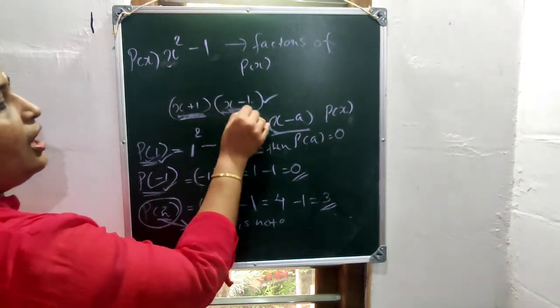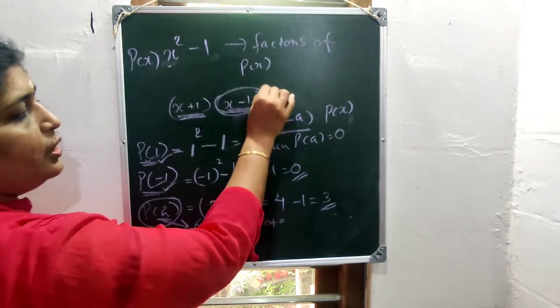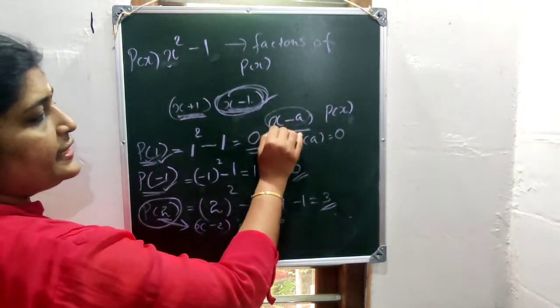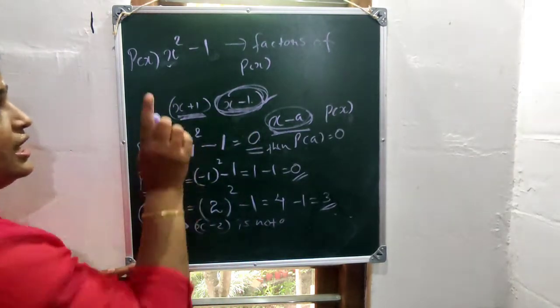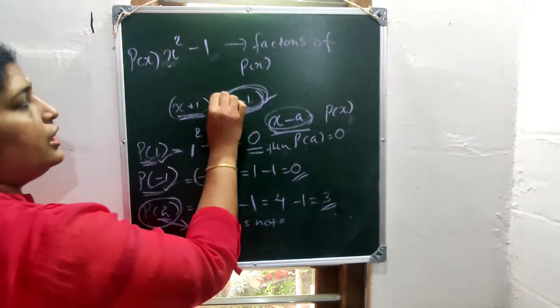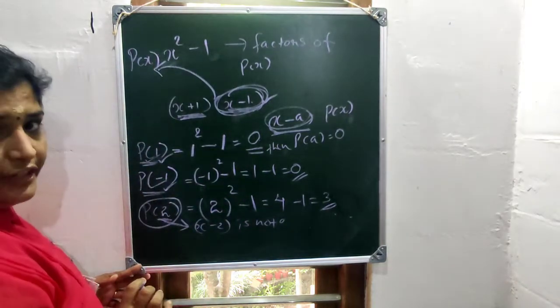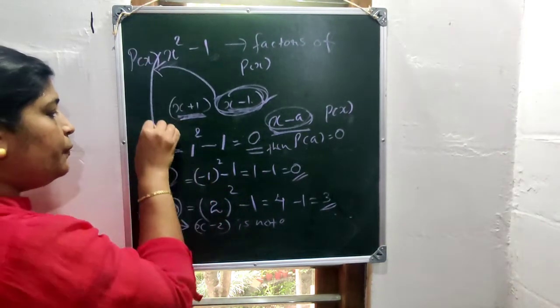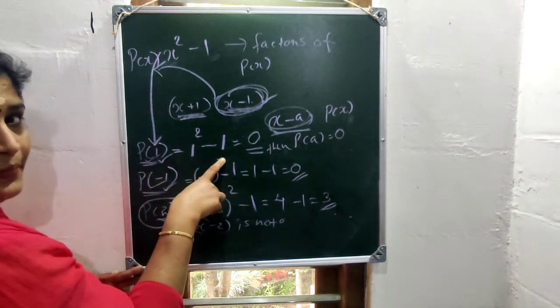See, here we have x minus 1 as a factor, right? x minus 1 is a factor of this polynomial p of x. Then we have p of 1 is equal to 0.